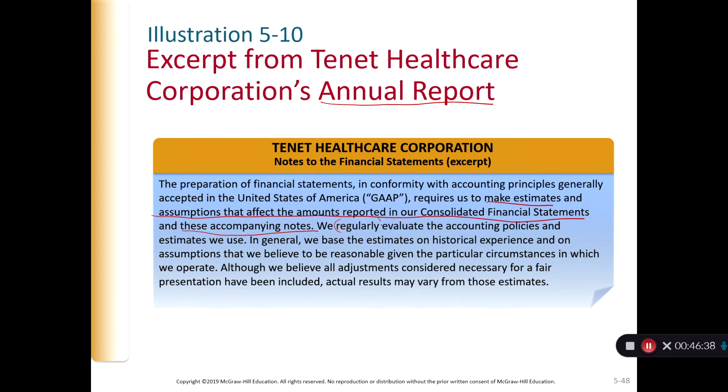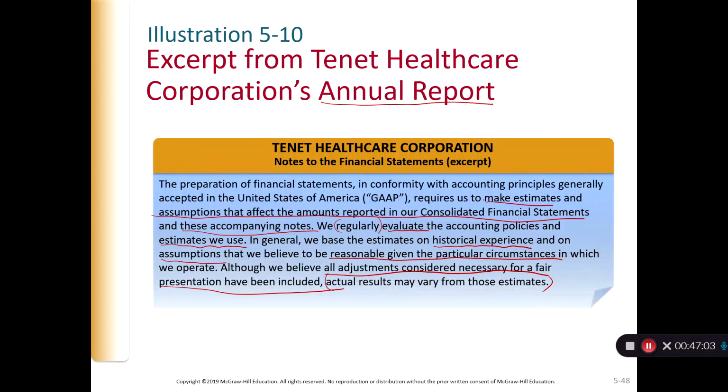We regularly evaluate accounting policies and estimates used. In general, we base estimates on historical experience and on assumptions that we believe to be reasonable given the particular circumstances in which we operate. Although we believe all adjustments considered necessary for a fair presentation have been included, actual results might vary from those estimates.